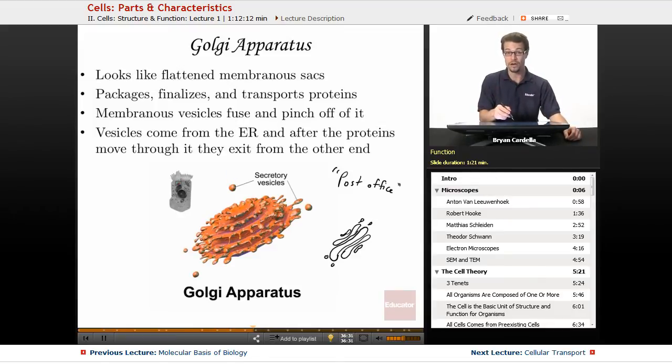They come from the ER containing an amino acid chain or polypeptide, also known as a protein product, and they go through the layers. That protein gets modified, put together with other proteins. Like I said, little chemical sugary molecules can be attached to it to give it a zip code for where it needs to be. And then it pinches off and ends up going to the destination. That's a summary of how it happens. They go in one end, they come out another end. And that's the Golgi Apparatus, also known as the cell's post office.